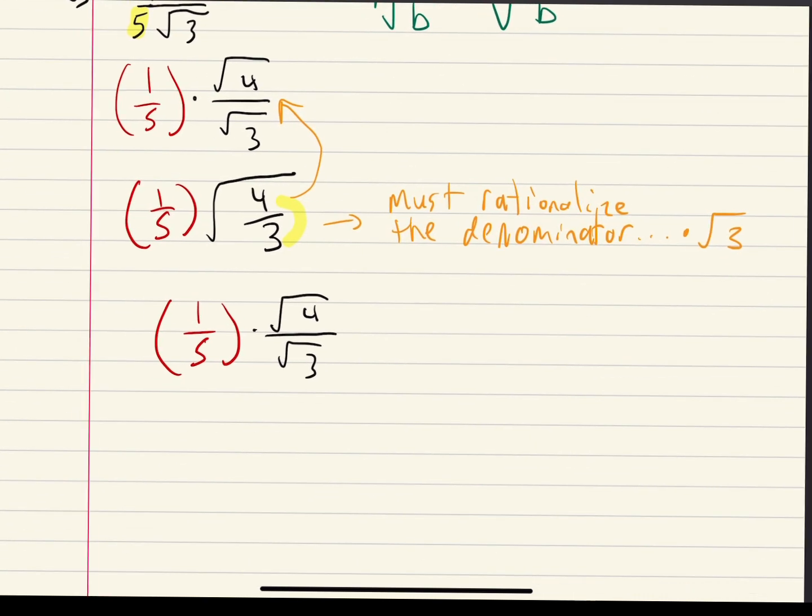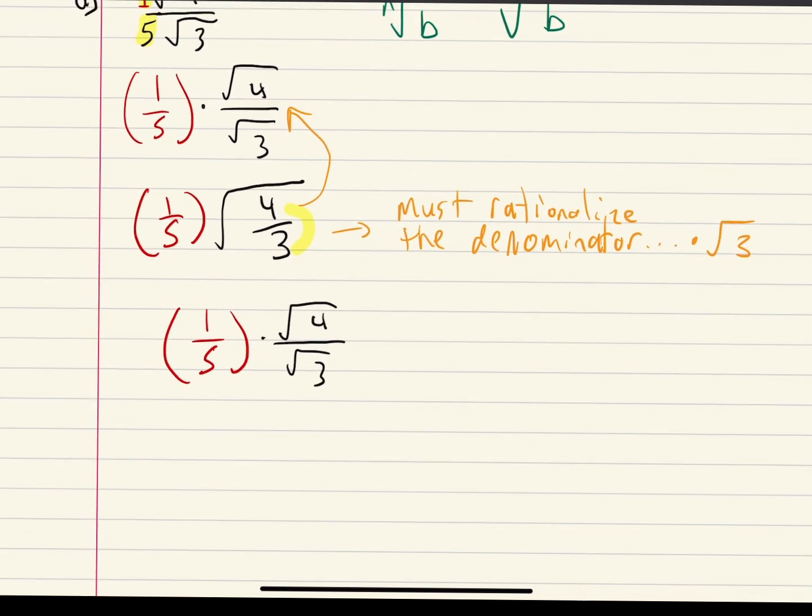Okay. So now I'm going to rationalize the denominator, multiplying this by root 3. It has to be at the numerator and the denominator, because remember, we're not allowed to actually change the ratio. Now what happens is when you multiply root 3 by root 3, you end up getting the roots removed. Now at the top, if the radicands are different, then the radicands multiply by each other.